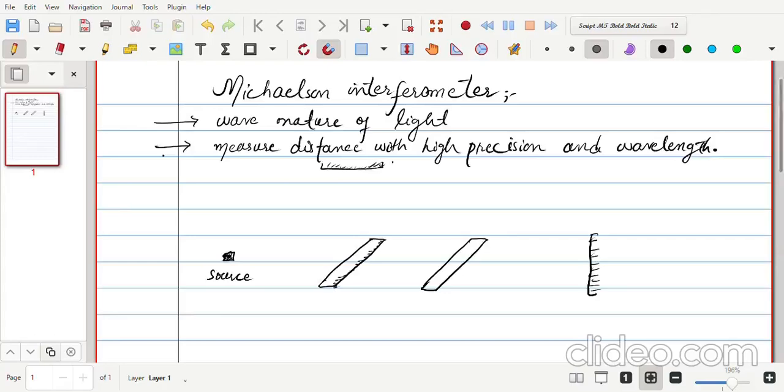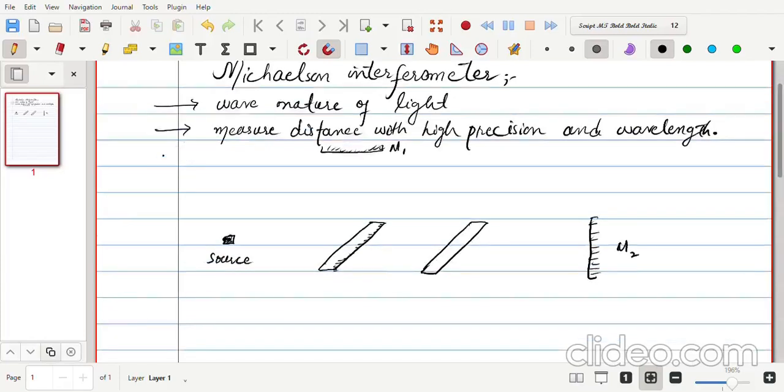This is M1 and this is M2, and we can place an eyepiece here to observe the phenomena.